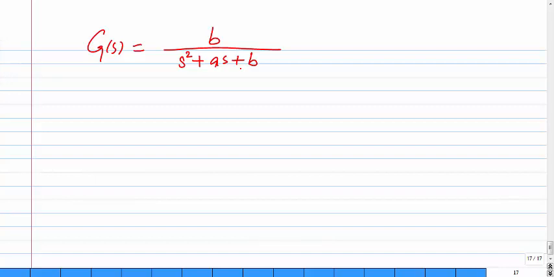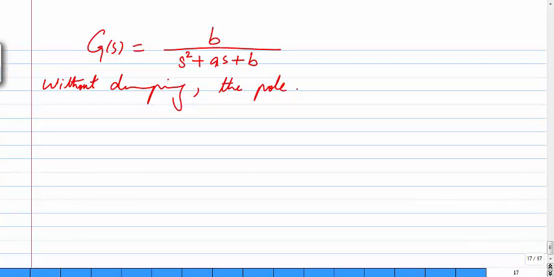Now, without damping means that your poles would be on the j omega axis.